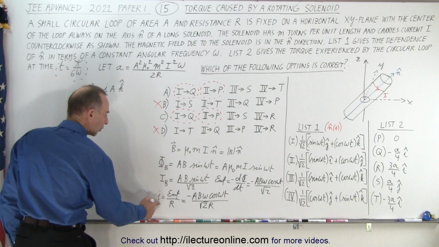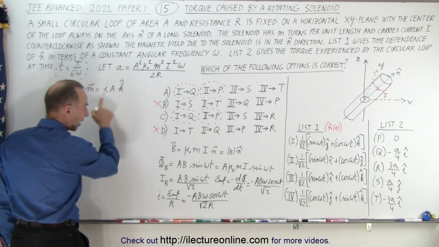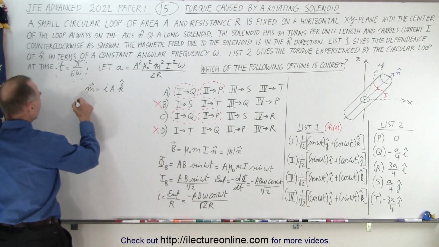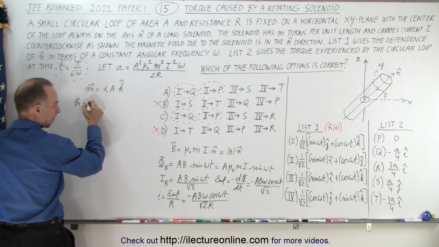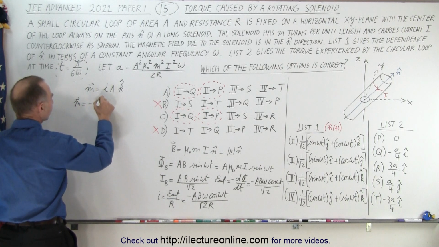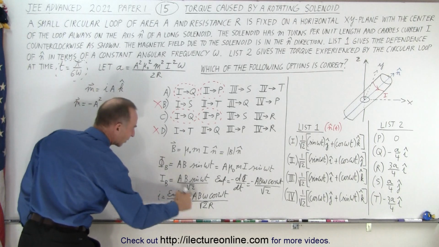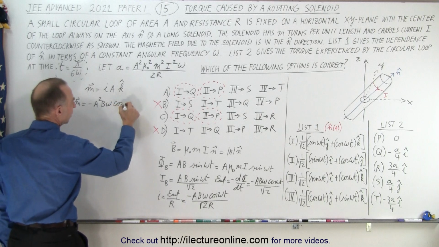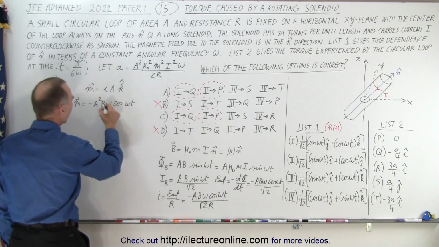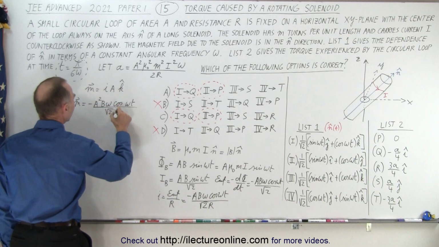So there's the current, we multiply times A, so we end up with an A squared, so the magnetic moment is equal to minus A squared times B times omega times a cosine of omega t, all divided by the square root of 2 times R.